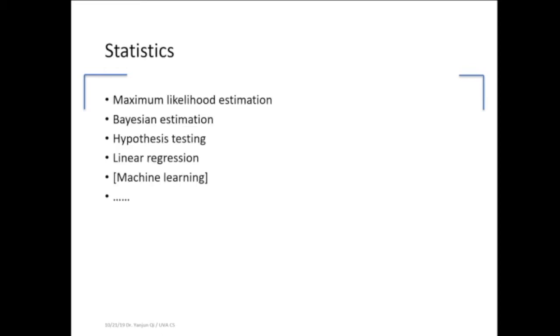Statistics normally covers MLE, Bayesian estimation, hypothesis testing, and those kinds of regression models actually covered in the beginning of this course belong to statistics. You can even think of machine learning as part of statistics from this perspective, because we are trying to estimate the model from the data.